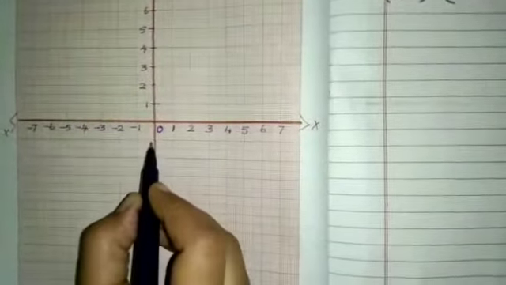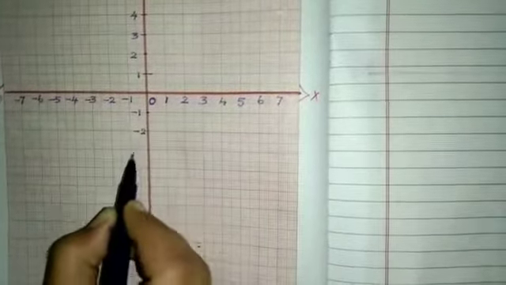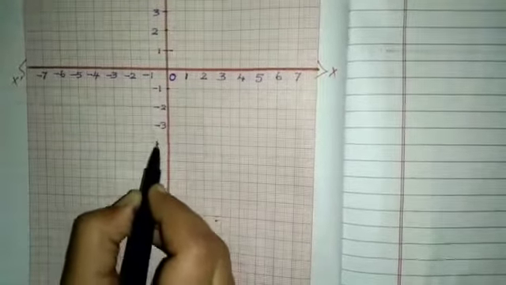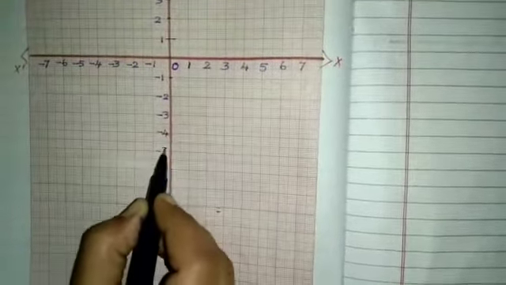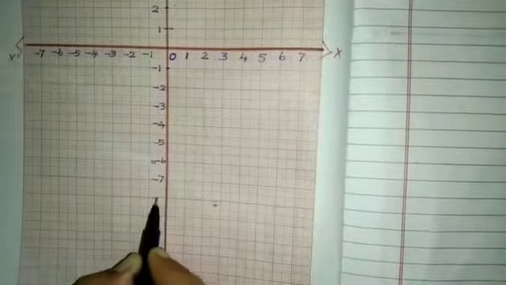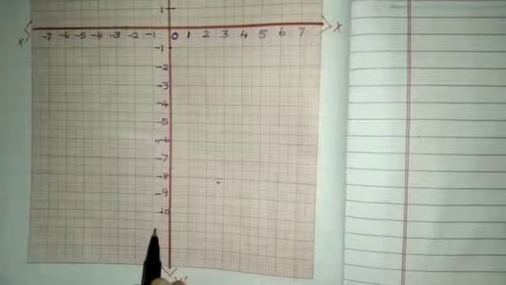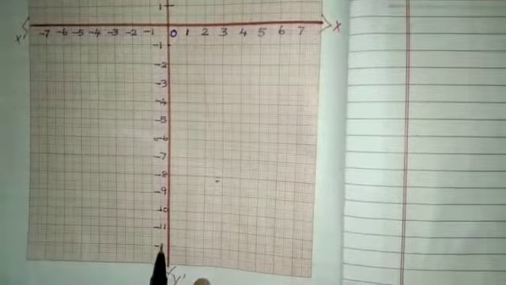In the same way, below the line is negative. This is -1, -2, -3, -4, -5, -6, -7, -8, -9, -10, -11, -12.